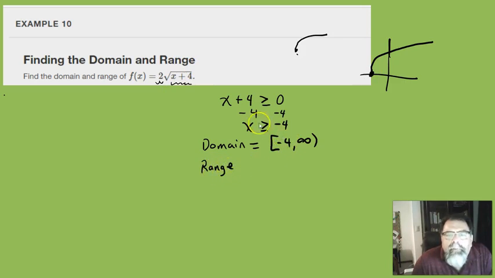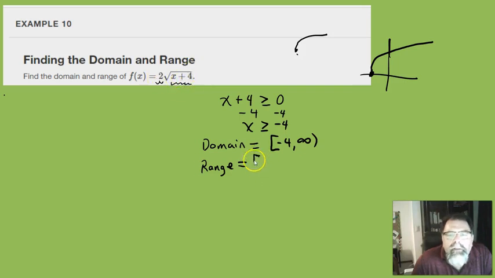So the range. Okay, if I put in numbers, I'm going to add 4, take the square root of it. That'll give me a positive number times 2. And then the bigger this x is, the bigger this overall value is going to be, and it'll just go on to infinity. So if you put in -4, you get 0. Square root of 0 is 0, times 2 is 0.